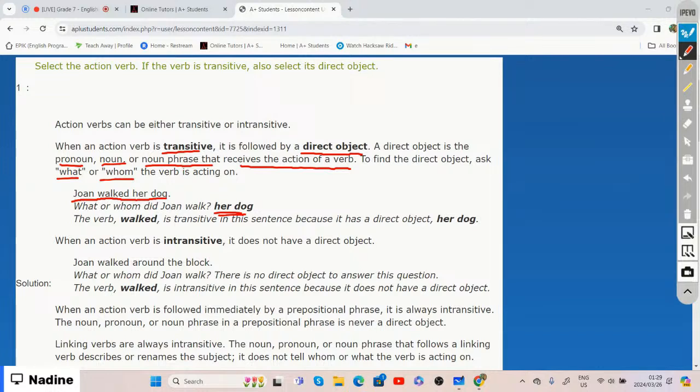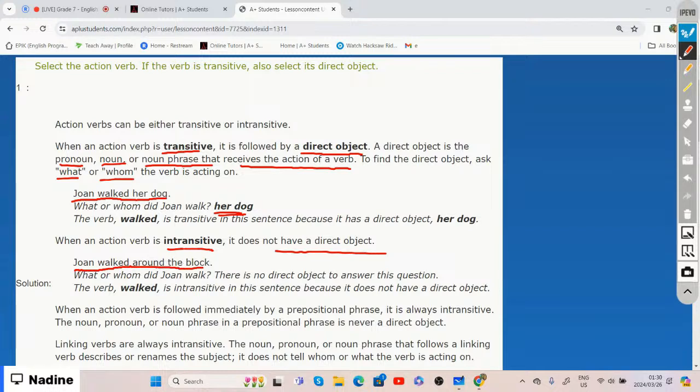Then we have the intransitive verb. An intransitive verb does not have a direct object. An example is "Joan walked around the block."